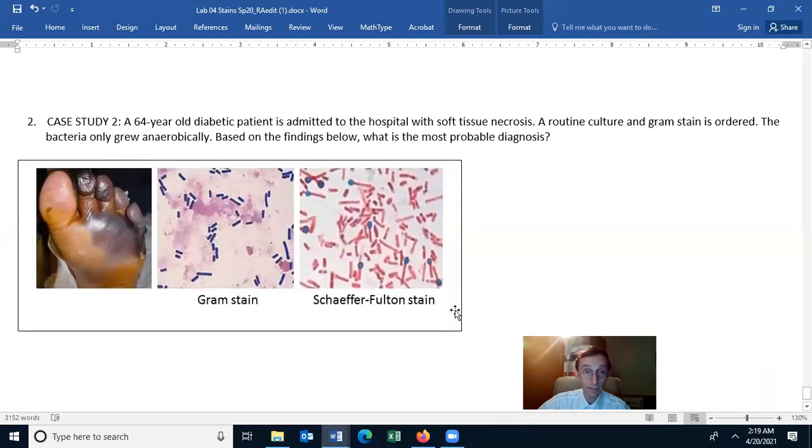And then we have a case study 2. Here's the patient. Obviously had a bacterial infection in his foot. And then there's the information about the patient. They did a gram stain on the patient's cells in the foot, and we saw a gram stain here. You can tell me if that's gram positive or gram negative. And then they did the Schaefer-Fulton stain on these cells here, and we can see special structures in the Schaefer-Fulton stain. So tell me what that structure is, and then look up in the table here.